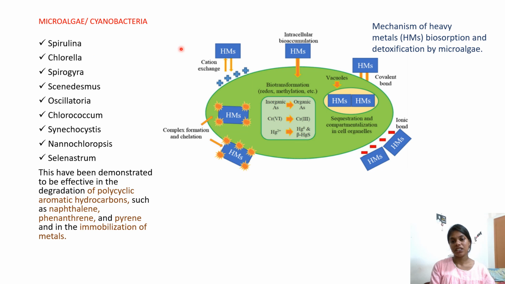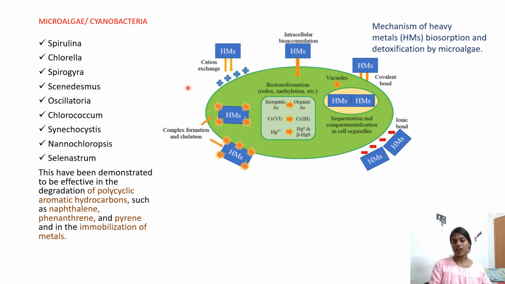Here is a picture that shows the mechanism of biosorption of heavy metals and the detoxification by microalgae. These heavy metals in the surroundings can enter the cell by various methods. One is cation exchange, another is complex formation and chelation.